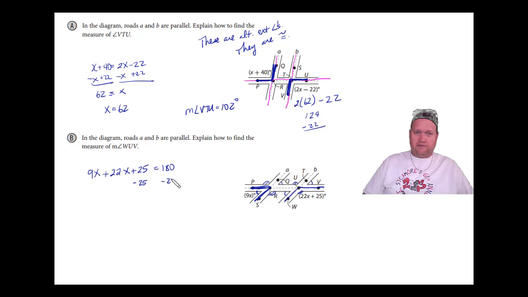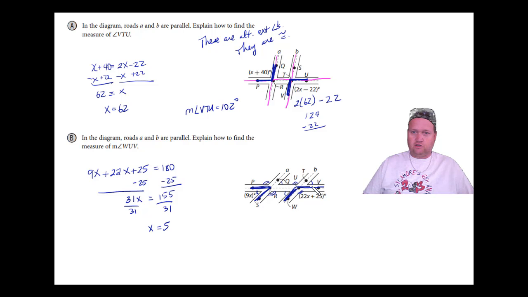And now it's time to combine our terms at the same time. I'll take away 25 on both sides, and I'm going to get 31x equals 155. And when I divide this by 31, I'm going to get x equals 5. And now the question was asking me to find the measure of angle WUV. That's this one over here.